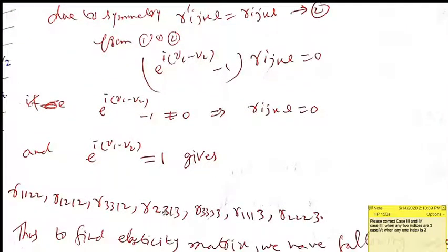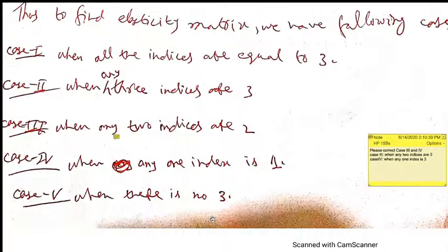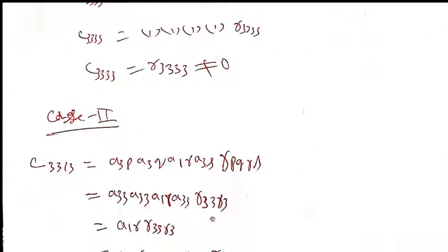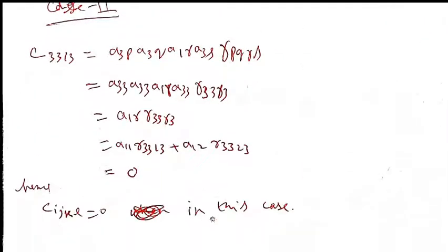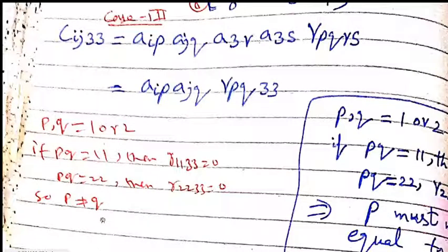You can also see that from here, that no gamma 3313. So this component will be equal to 0. So in this case, when any three indices are 3, then those components will be equal to 0. This is case 2.